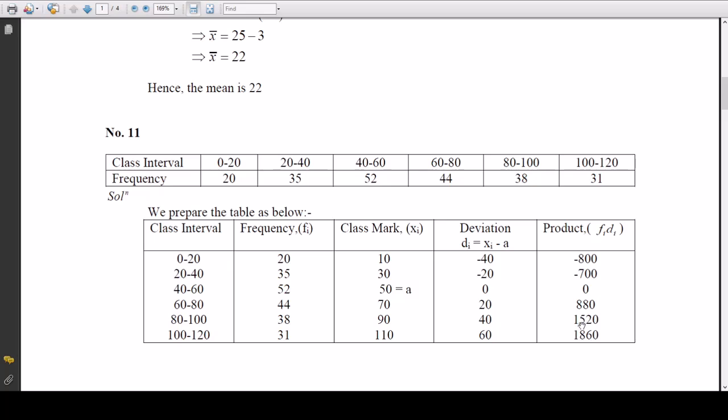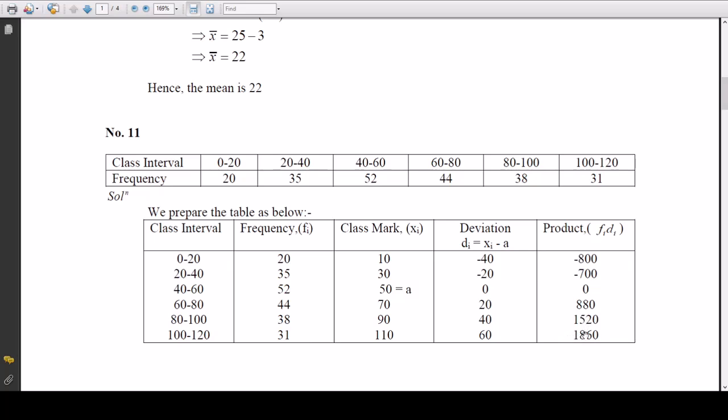Now what you will have to find is the sum of frequency and the sum of this fi di. Find the sum of frequency: 20, 35, 52, 44, 38, 31. How much do you get? You find out. And the sum of this product also.